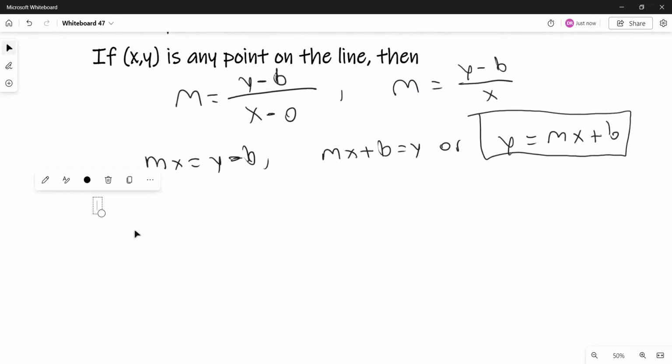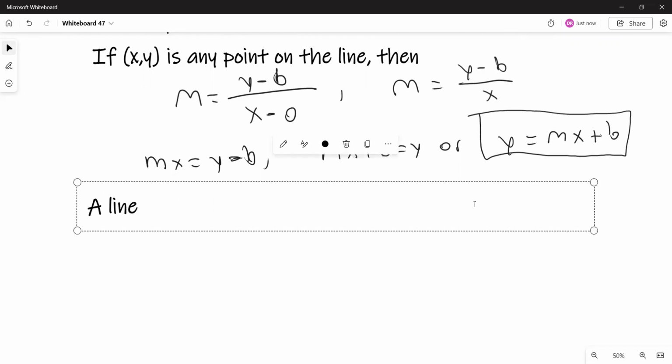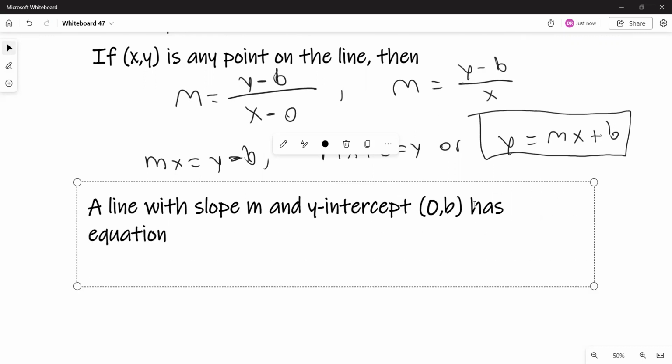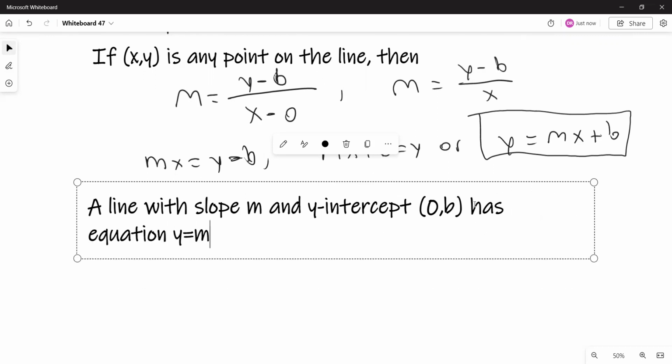So this is actually in the next section, but it's important to mention this before. A line with slope m and y-intercept (0, b) has equation y equals mx plus b.